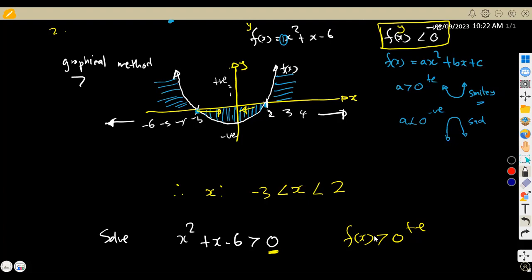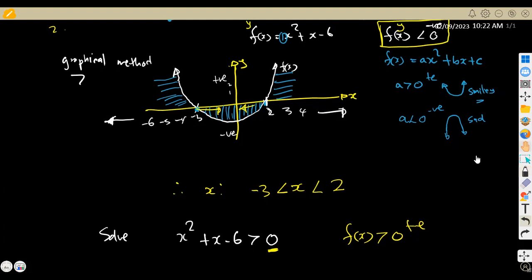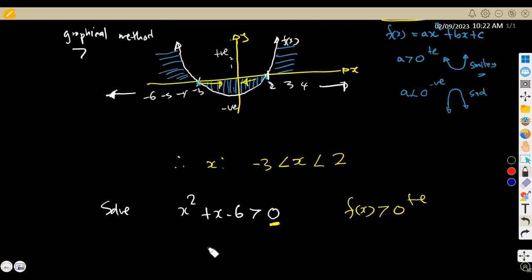But take note, it's greater than, so which means we are going to write these solutions as x is going to be, we said less than, was -3, -4, -5, -6, compared to -3. They are less than -3. Or our x is going to be from 2 here, 3, 4, 5, these values, they are greater than 2. So take note, x being part of all the real numbers that we have.